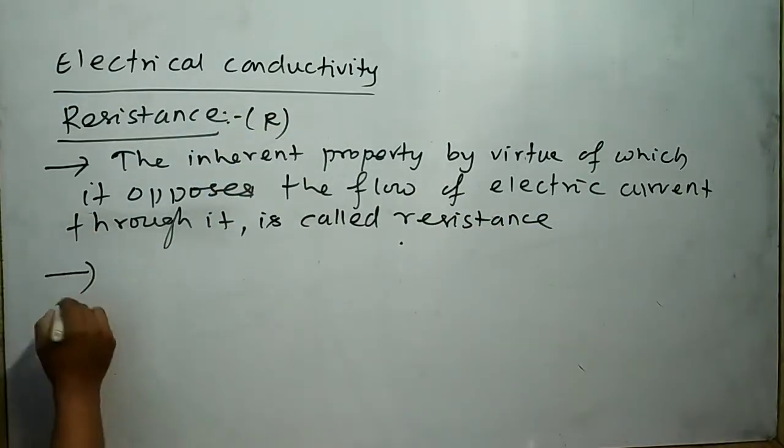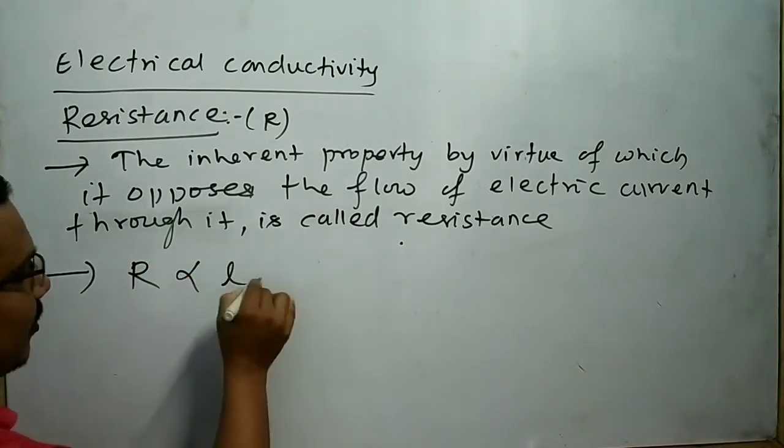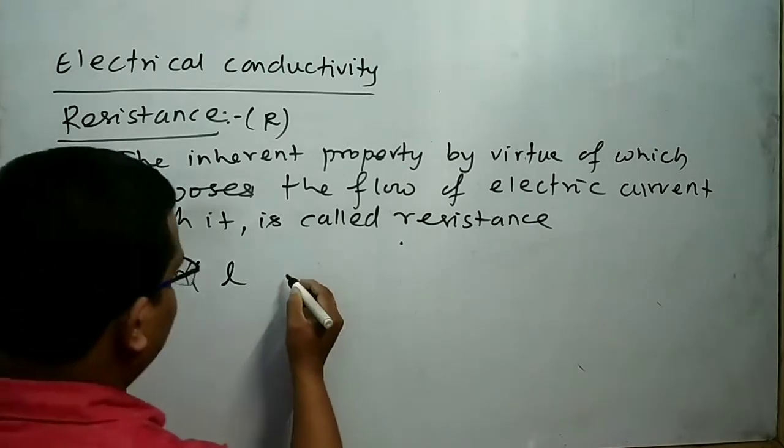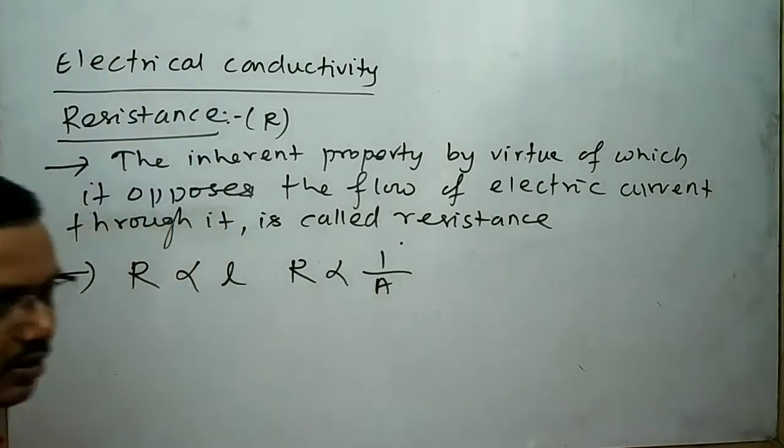Resistance is directly proportional to the length of the conductor. Resistance is also inversely proportional to the area of cross section.